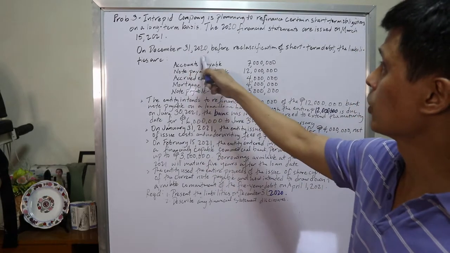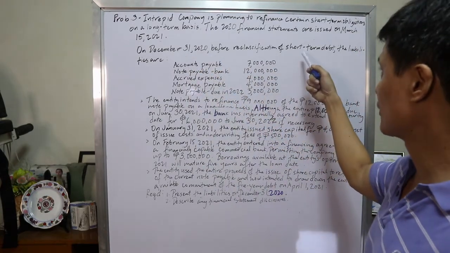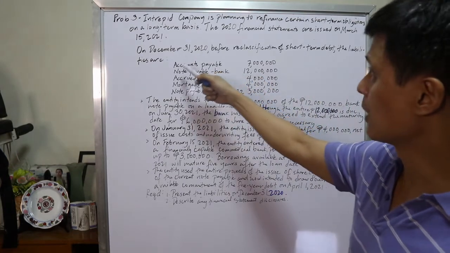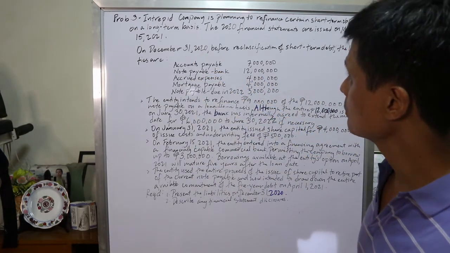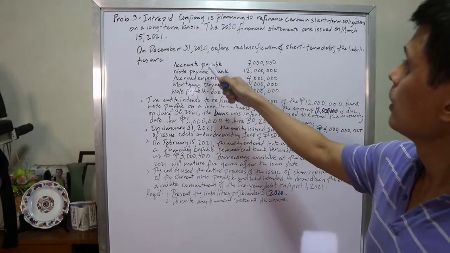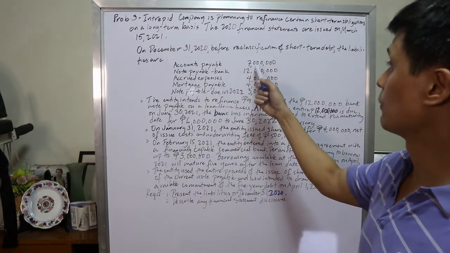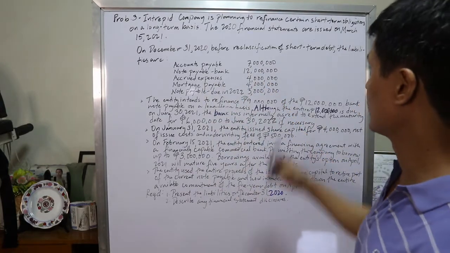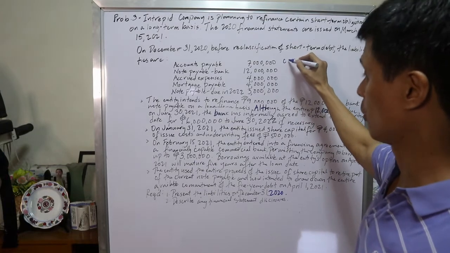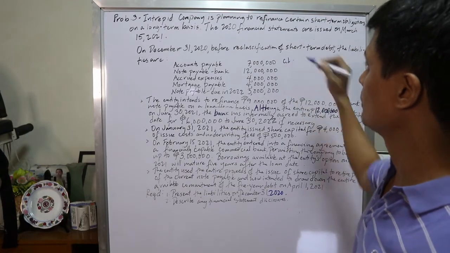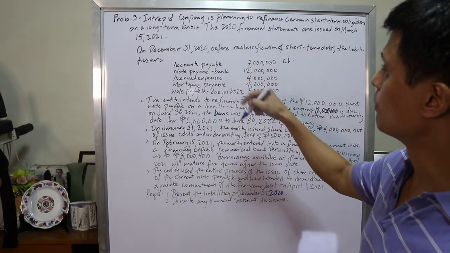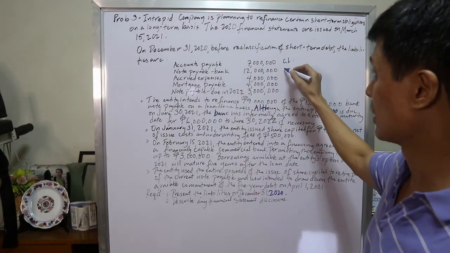So, on December 31, 2020, before reclassification of short-term debts, liabilities are, okay, so accounts payable, this is 7 million. So, this is typically a current liability, kung wala naman sinasabi, no? And note payable, so this is also a current liability.